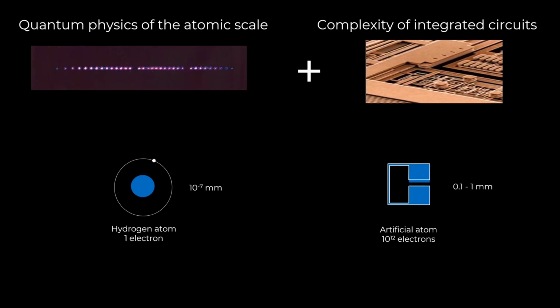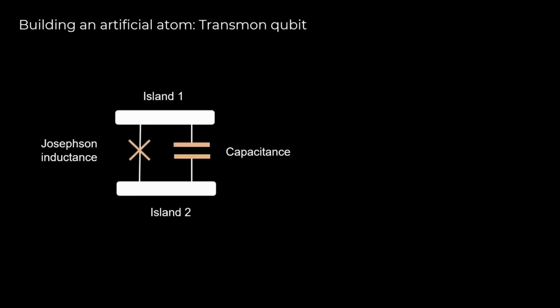Instead of measuring the voltage of one atom, we have 10 to the power 12 electrons moving and oscillating together. You can see this representation at the scale of 0.1 to 1 millimeter. This is basically what we use.